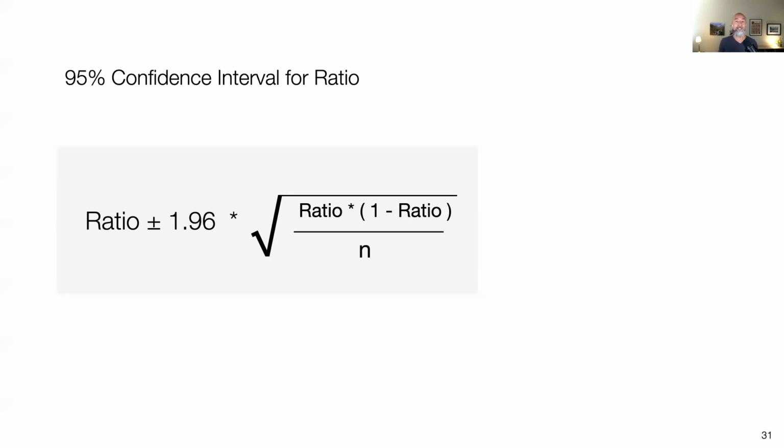Once you calculate that, whether it's a conversion rate, sign up rate, or churn rate, you put it in this formula. Again, there's an n in this formula, which means the sample size. If you have 5 or 100,000, you put the number here, and then you get the confidence interval calculated.